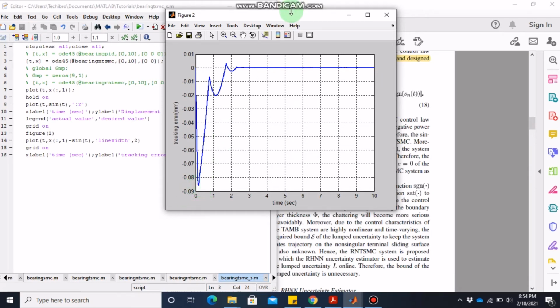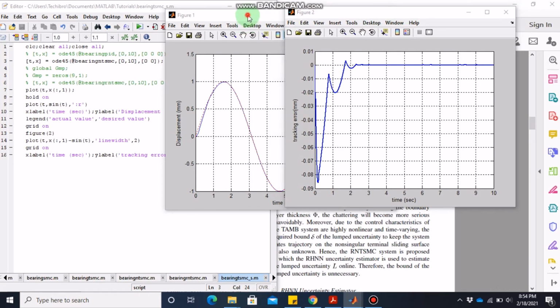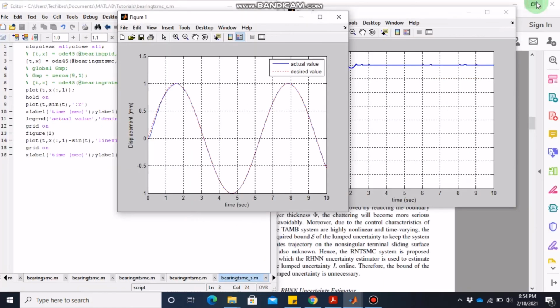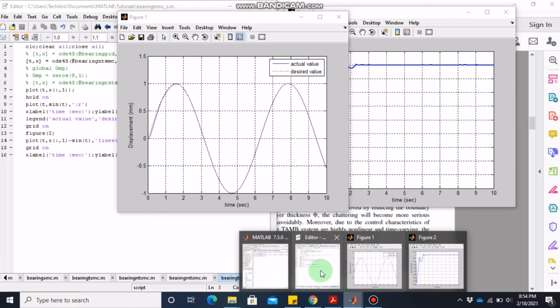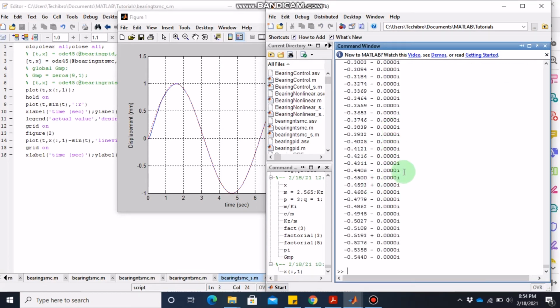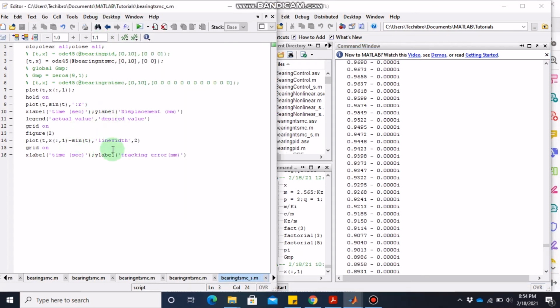It looks like very good performance, but again, just like the TSMC, there are some warnings and some imaginary parts. You can see here the imaginary part is 0.0000, so it means the imaginary part is almost 0, but I don't know why MATLAB is having this sort of a problem here. Anyway, this is the non-singular terminal sliding mode control for the magnetic bearing system.